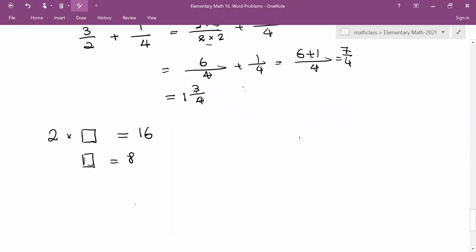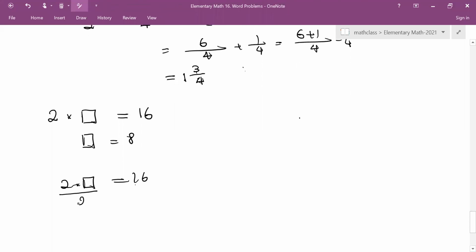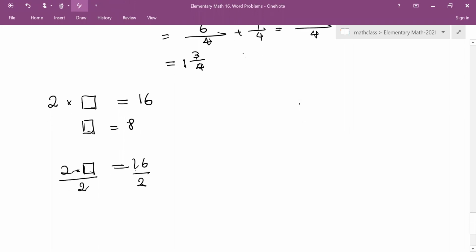This is easy, so you can figure it out directly, just by guessing. But you can also solve the problem in the following way: divide both sides by 2. Then this common factor cancels out, so you get only this box. So it's going to be 16/2. Now 16/2 is 16 divided by 2. This time you get an integer, 8.